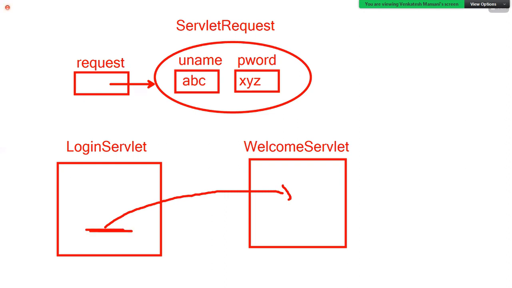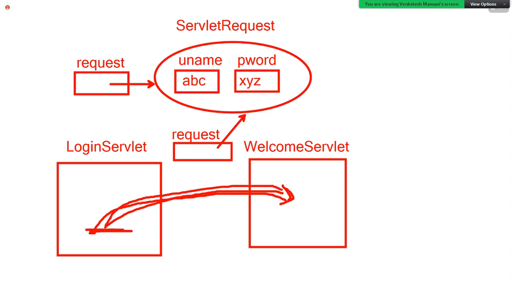Whatever request is created is copied into another reference. It also refers to the same memory. But where is this memory? Inside the server. This program is another, different program, but we can access it.